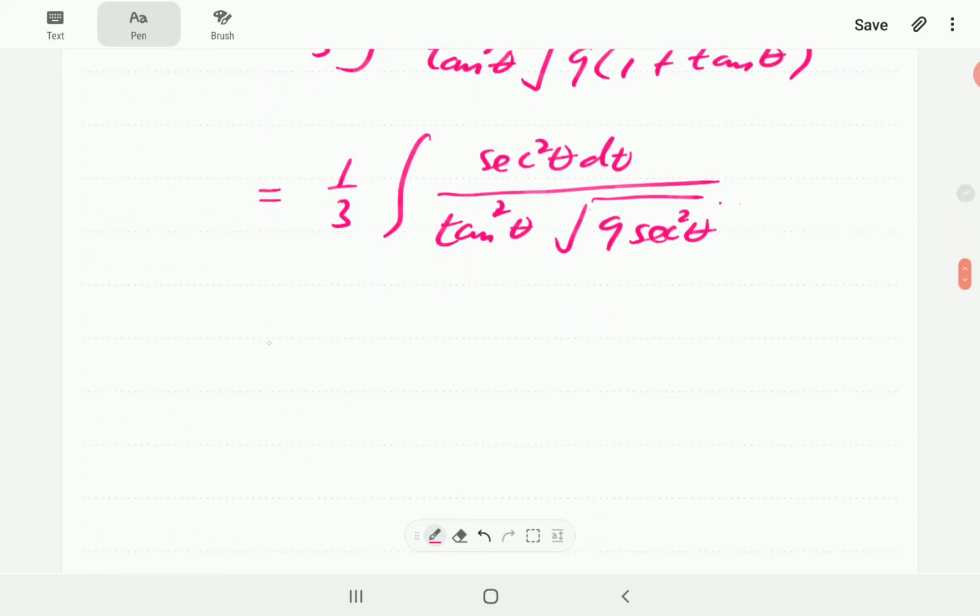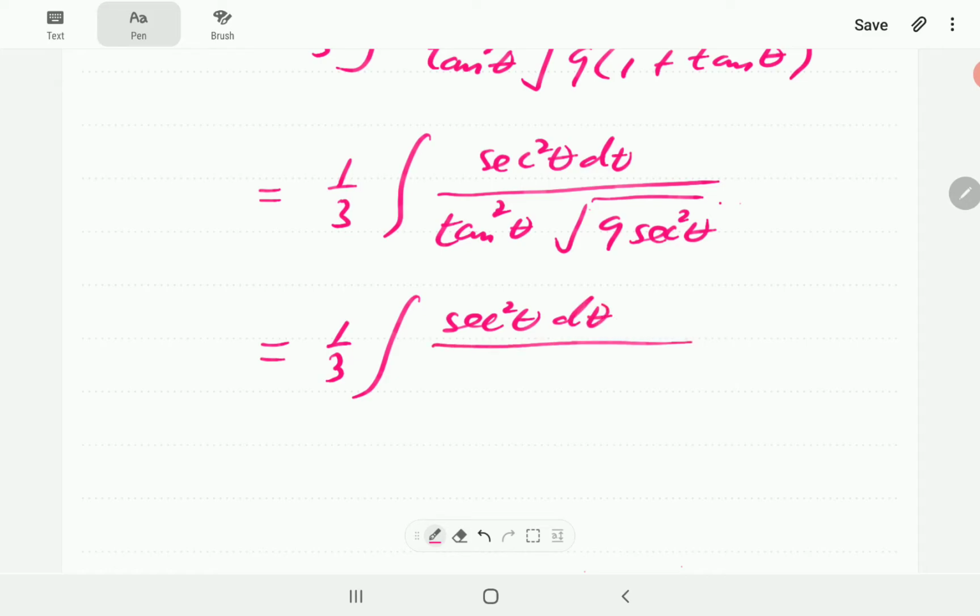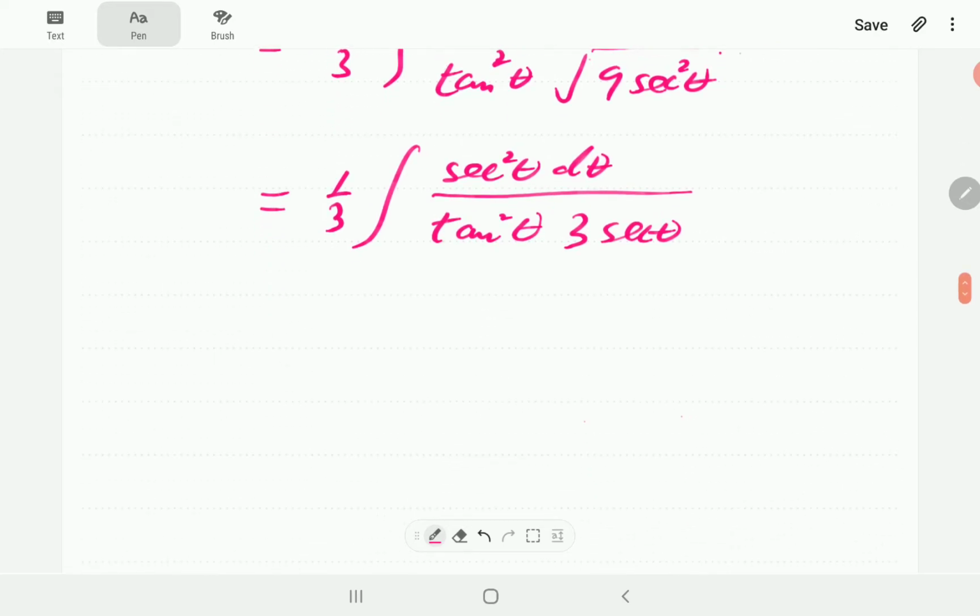At this point we can evaluate the square root. We know that the square root of 9 is 3, and the square root of secant squared is secant. So we're just going to have here 3 secant theta. Then the 3 we can take outside the integral.